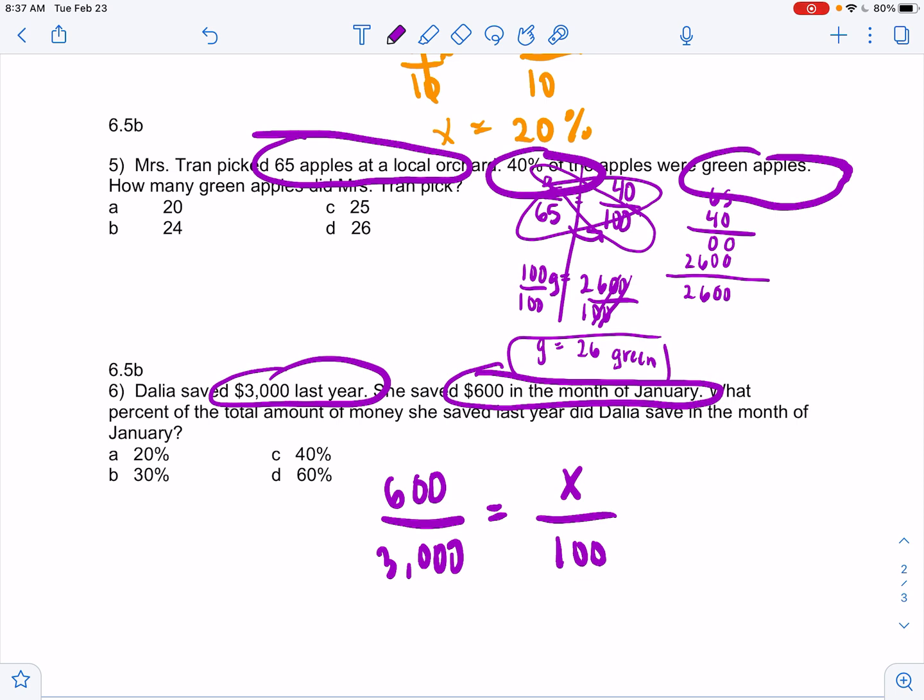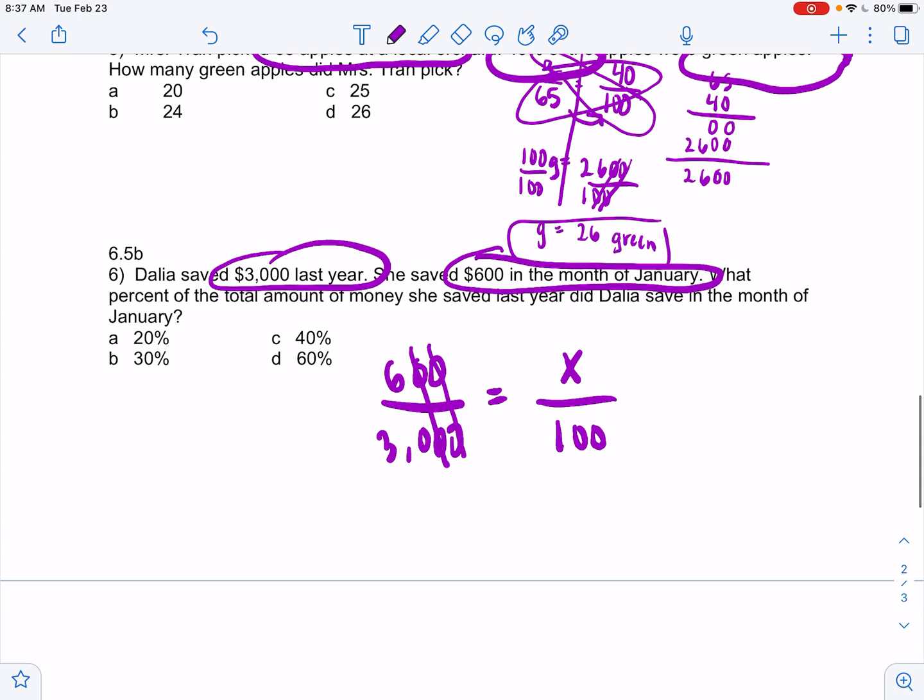To me, it would be easier to cancel off your zeros. So then you're looking at 6 over 30. You can look for a relationship, or you can do the cross product that always works.